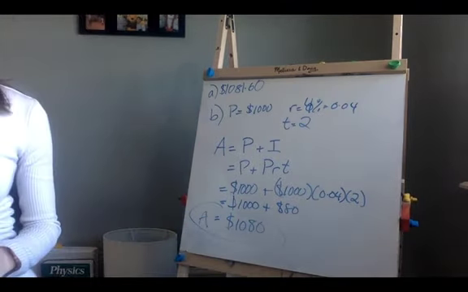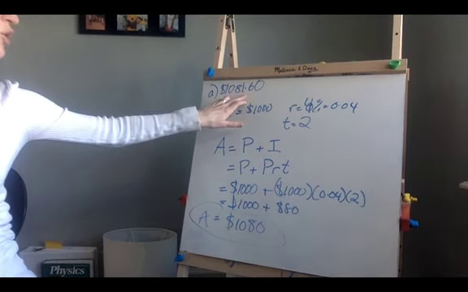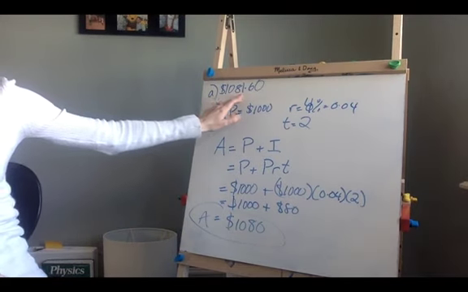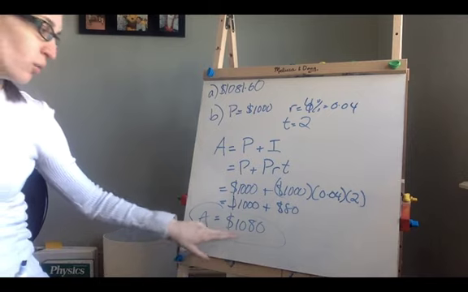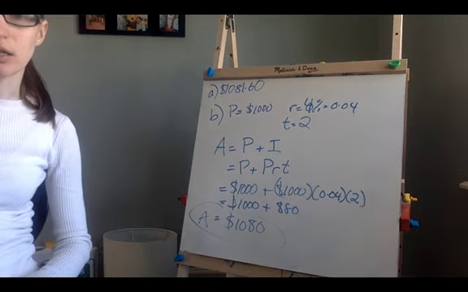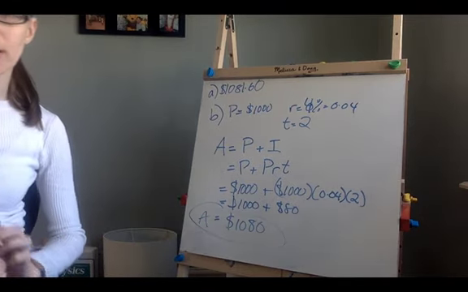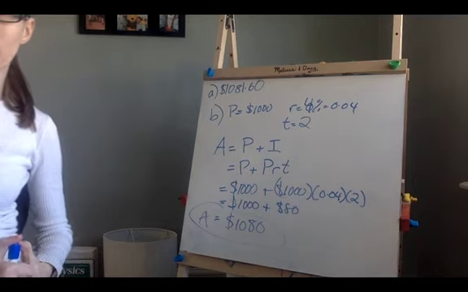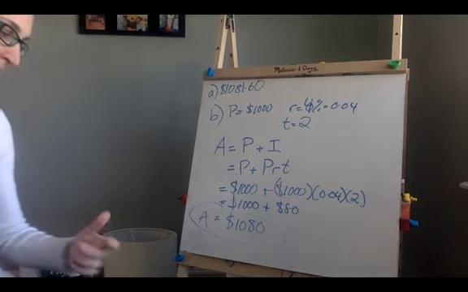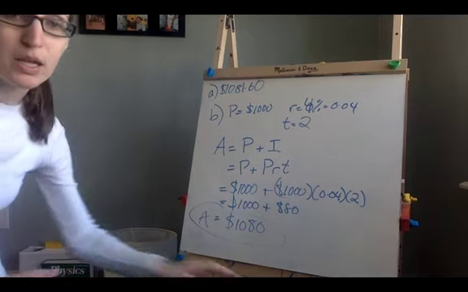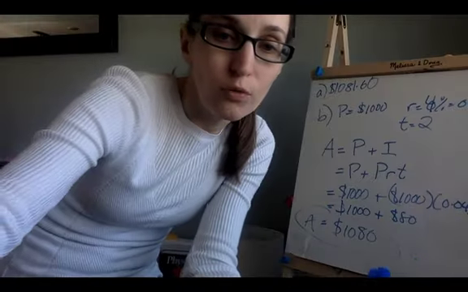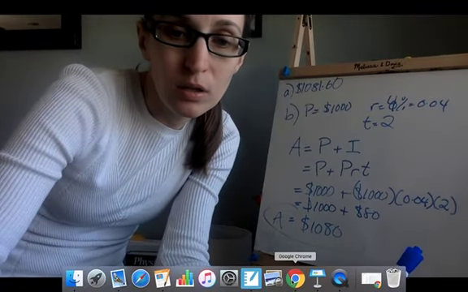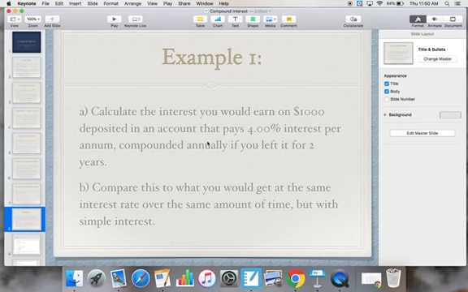When we do that comparison, with compound interest over 2 years, it was $1,081.60. With simple interest, it was just $1,080. So as of right now, it doesn't look like one's really more advantageous than the other. $1.60 doesn't seem like a huge amount of money. However, over a longer period of time, it's going to add up.